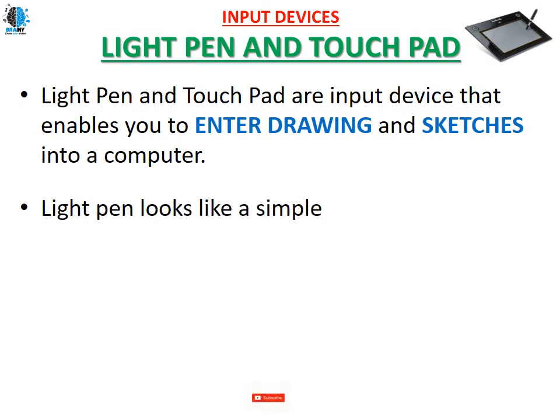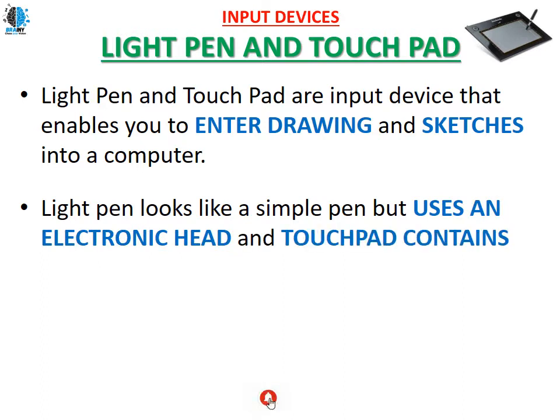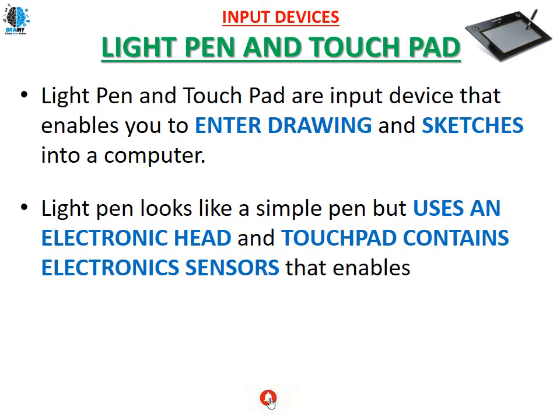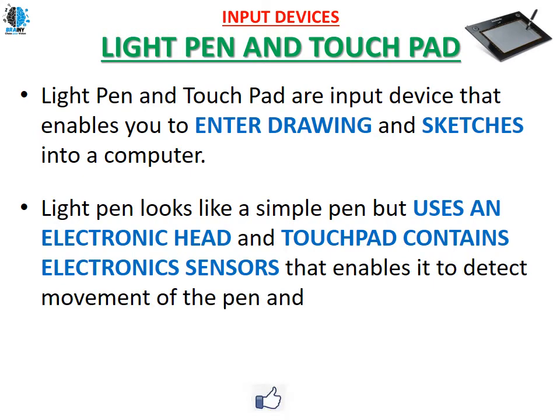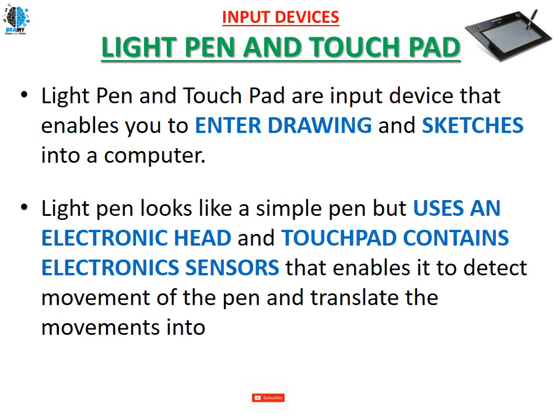A light pen looks like a simple pen but uses an electronic head, and a touchpad contains electronic sensors that enable it to detect the movement of a pen and translate the movement into digital signals. In this way, we can enter any drawing or sketches into the computer system with the help of a light pen and touchpad.